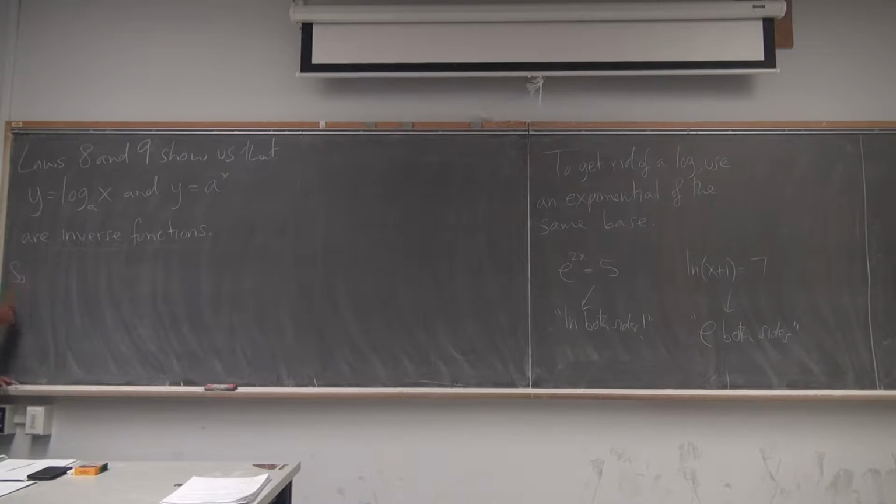So, do you remember what y equals a to the x looks like? Assume a is bigger than 1. Right, it looks like that. What is the intercept here? 1. So that's what it looks like.